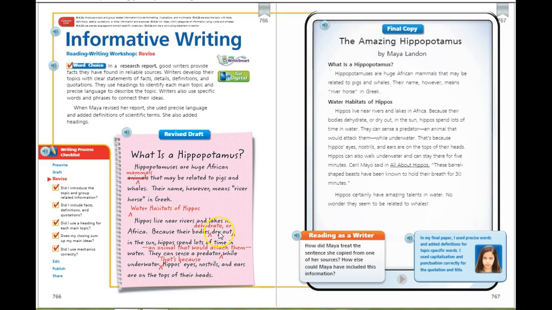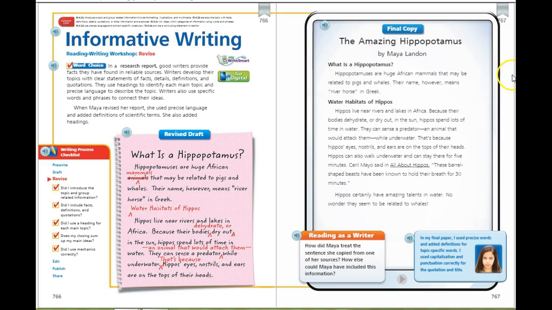Because their bodies dry out, okay, she used the fancy scientific word dehydrate or dry out in the sun. Hippos spend lots of time in water. They could sense a predator, an animal that would attack them, okay, they defined predator, while underwater. That's because hippos' eyes, nostrils, and ears are on top of their heads.